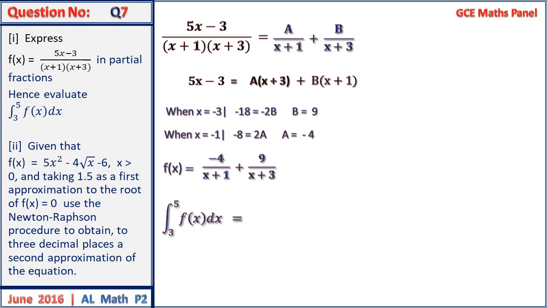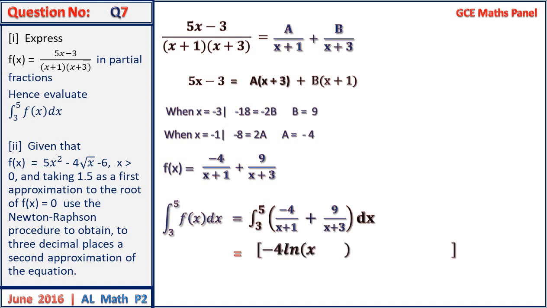Evaluating that integral, since it's already in partial fractions and the word hence has been used, we continue with the answer that we have in the previous part. When we integrate this, we have the integral minus 4 ln of x plus 1 plus 9 ln of x plus 3.